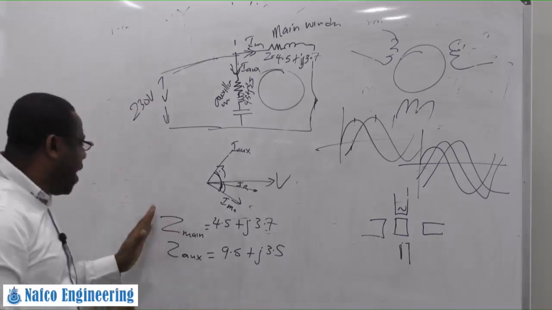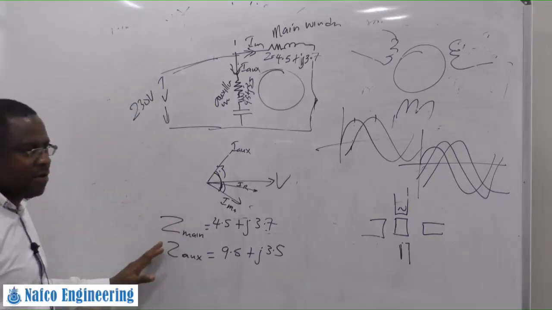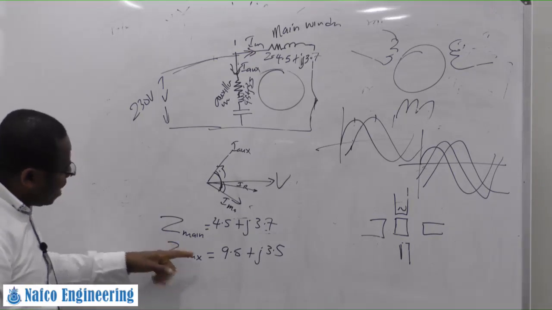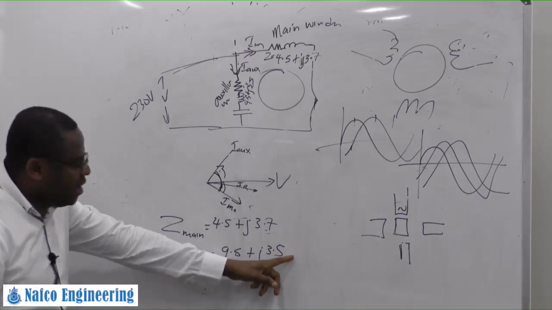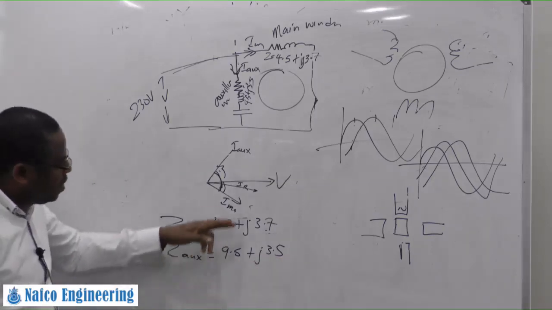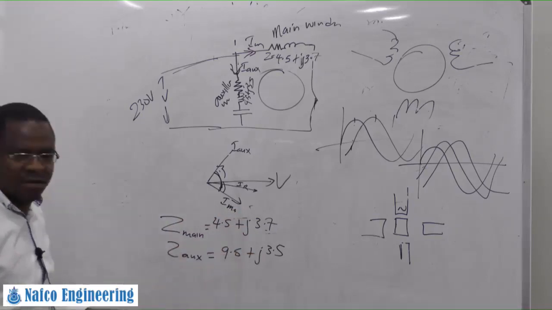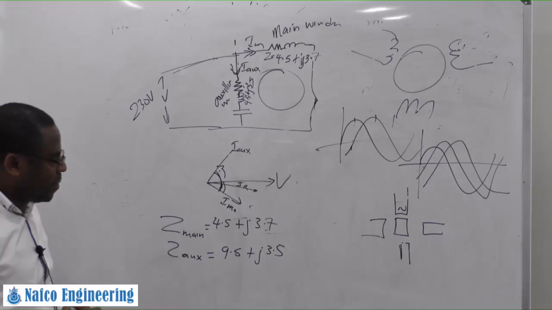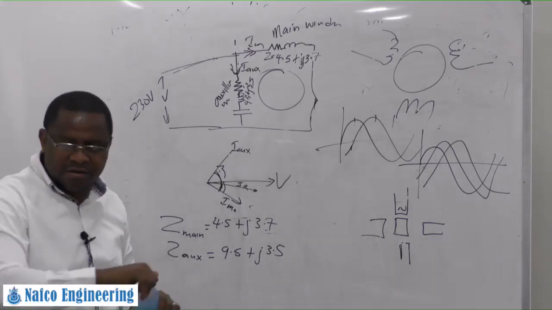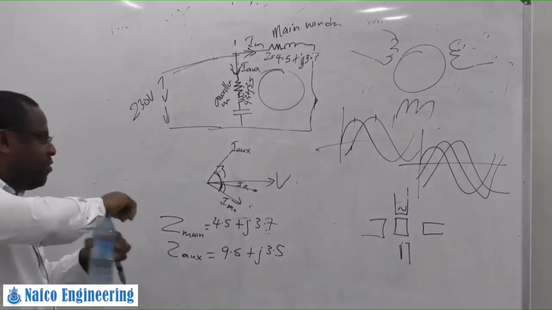So this is the main winding, this is the auxiliary winding. Now, how much capacitance can you add here to make the phase angle difference between this and this be 90? Quadrature is 90 degrees, right? When we hear about quadrature, we talk about 90 degrees.